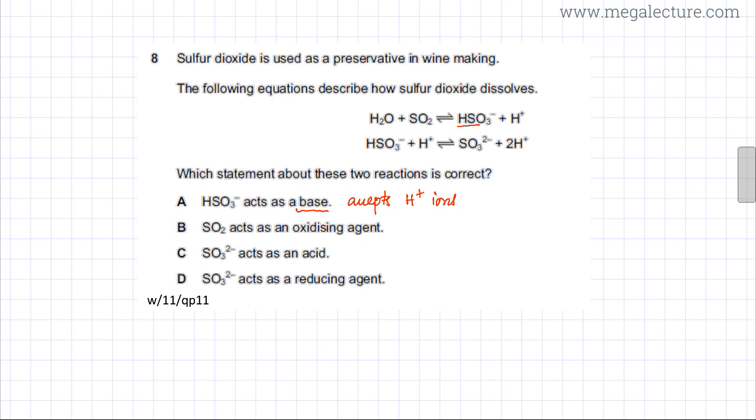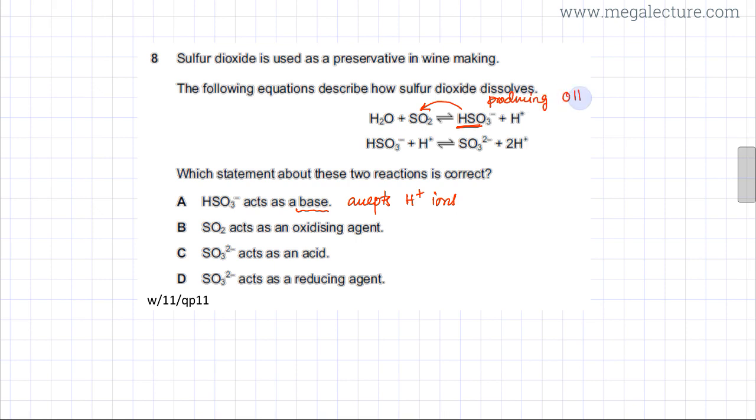If you look at this first reaction, this is HSO3 minus, and if you look at the backward reaction, you would notice that HSO3 minus is accepting an H plus ion, or in other words, HSO3 minus ion is producing OH ions.